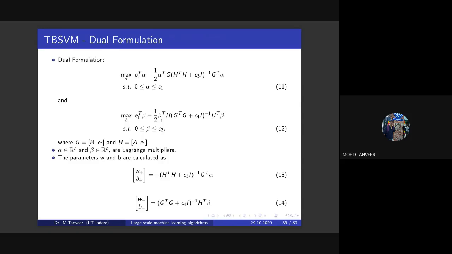You can see that C3 I and C4 I, which in the previous algorithm we were adding manually, now come automatically. C3 and C4 are parameters, and we can tune them by taking a range of these parameters and getting the best parameters to get the best accuracy. So performance will be better.